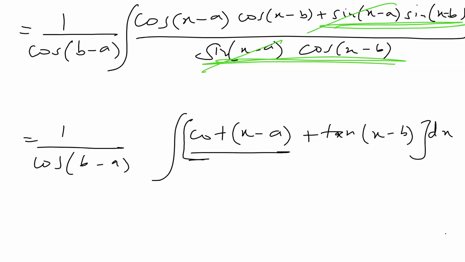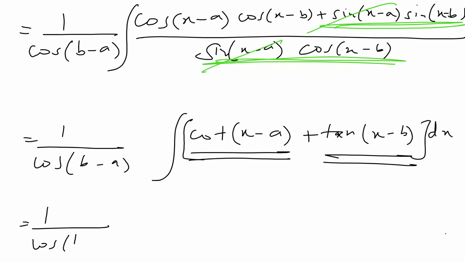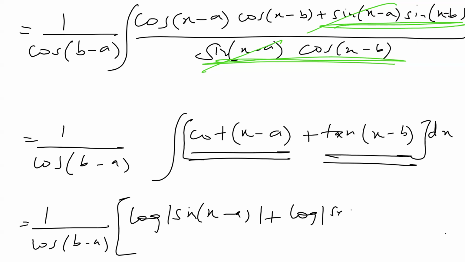Now this is individual integration, along with the chain rule. So 1 upon cos b minus a, cot gives log mod sin x minus a upon the derivative of x minus a, which is 1, plus log mod sec. See, integration of tan x is log mod sec x.